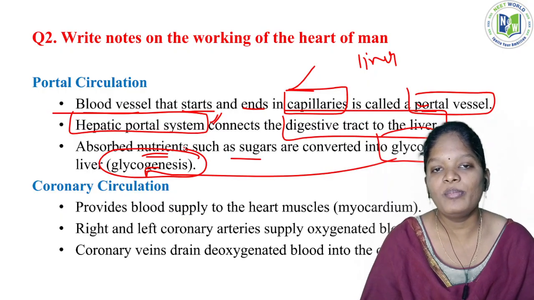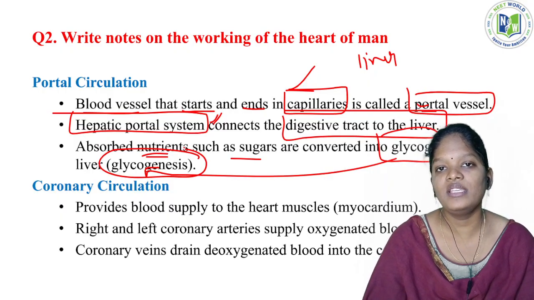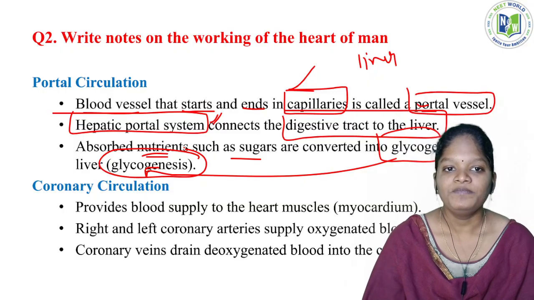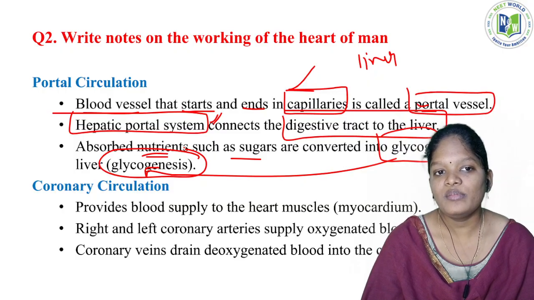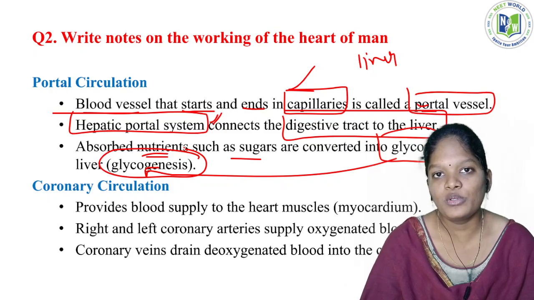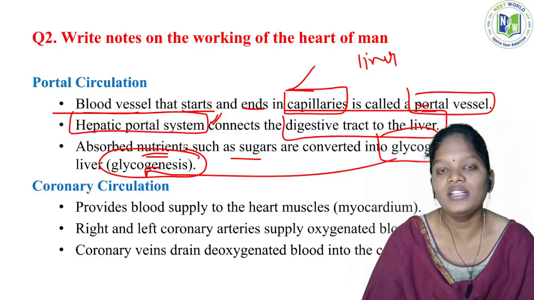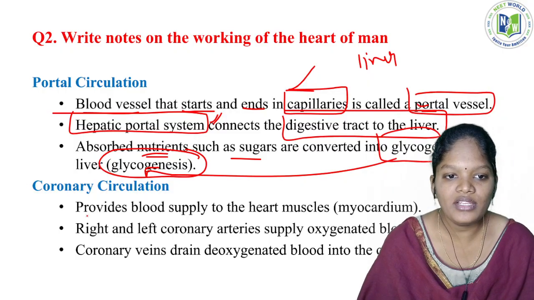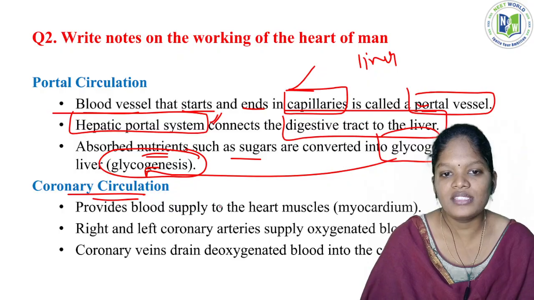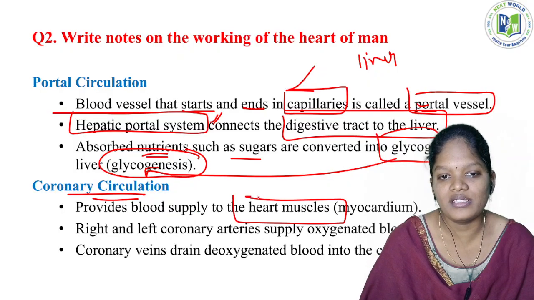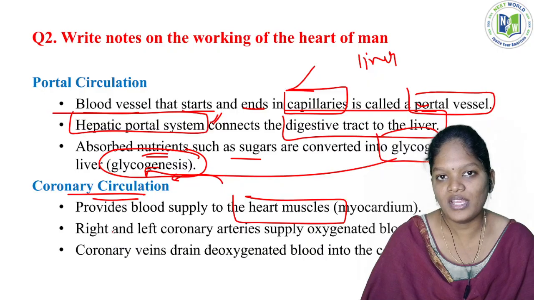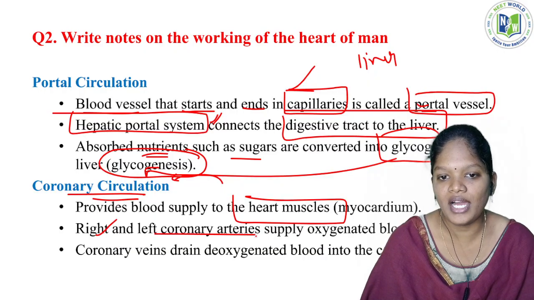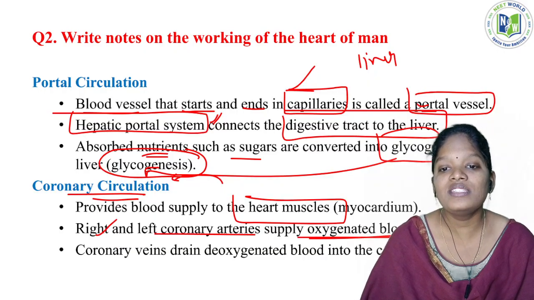So you should know that if blood vessels start and end with capillaries, we call that a portal vessel. We have one portal system, the hepatic portal system, which means the blood is reaching the liver. Now coronary circulation. Coronary circulation is the blood supply to the heart muscles. We have two important coronary arteries, the right and left coronary arteries, which supply oxygenated blood.